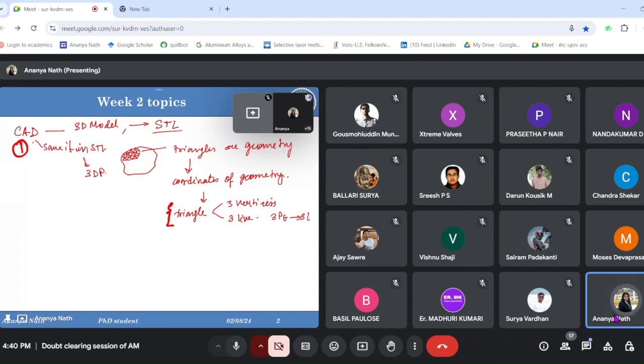One is the regular code, like the starting of a loop, then the whole loop, then the end of a loop, and this loop will be continued a million times, or just 10,000 or 20,000 times, to cover all the triangles present over the surface, so that we can define a whole geometry using triangles. Now how can I write this code? This code writing is called ASCII, and the computer also understands the binary code. So obviously there is another way, which is called binary.